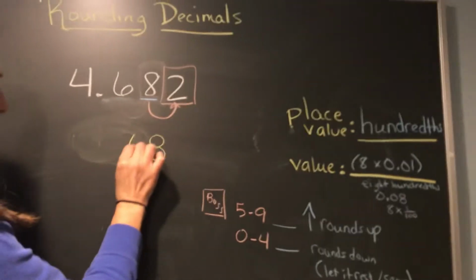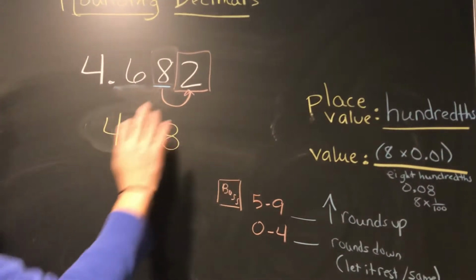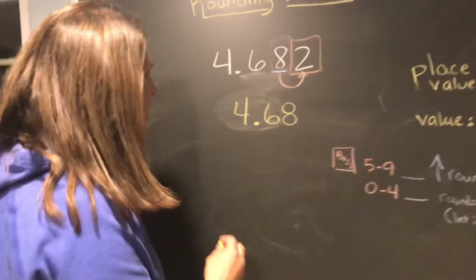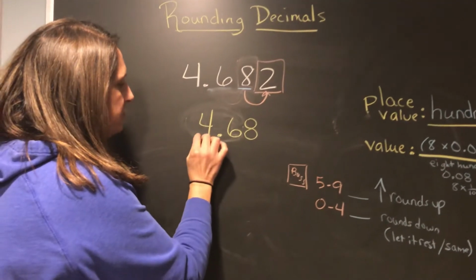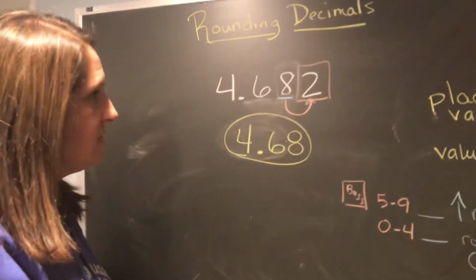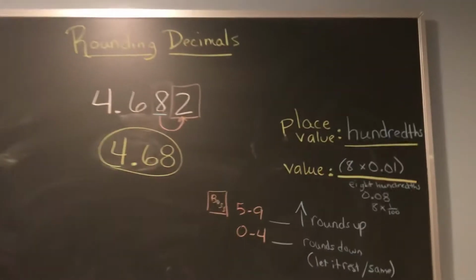The 6 and the decimal point and the 4 we rewrite, and we don't do anything with anything to the right-hand side of our decimal point. 4 and 68 hundredths, and we were rounding to the hundredths place, so we did a great job.